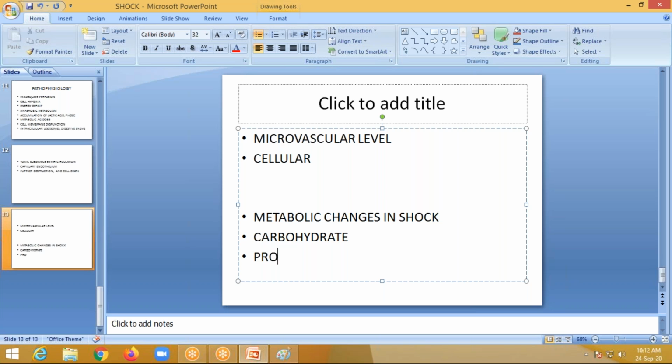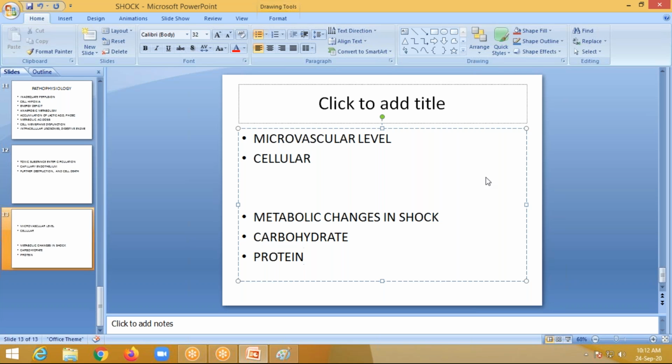Next, at the protein level, protein metabolism. Because of this decreased energy, intracellular protein catabolism is increased. Catabolism is nothing but breakdown of protein, which leads to release of some energy.